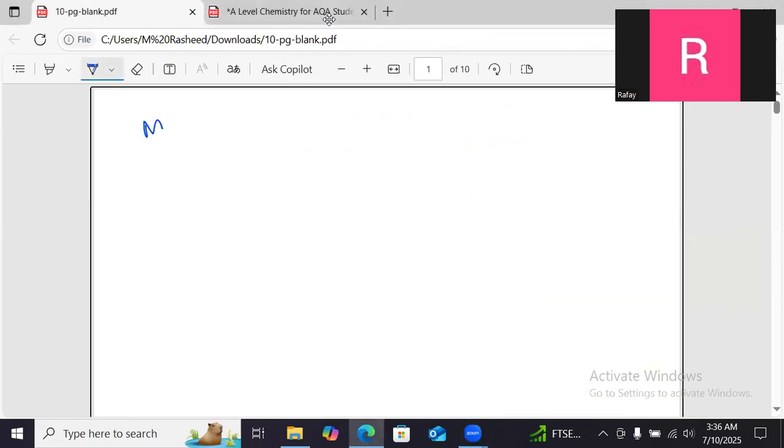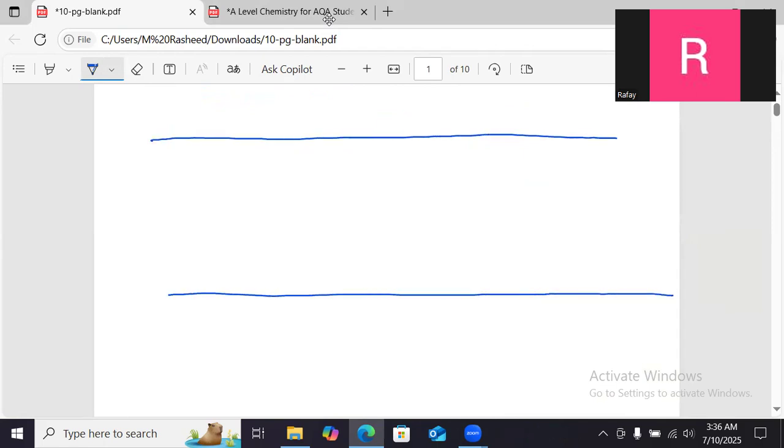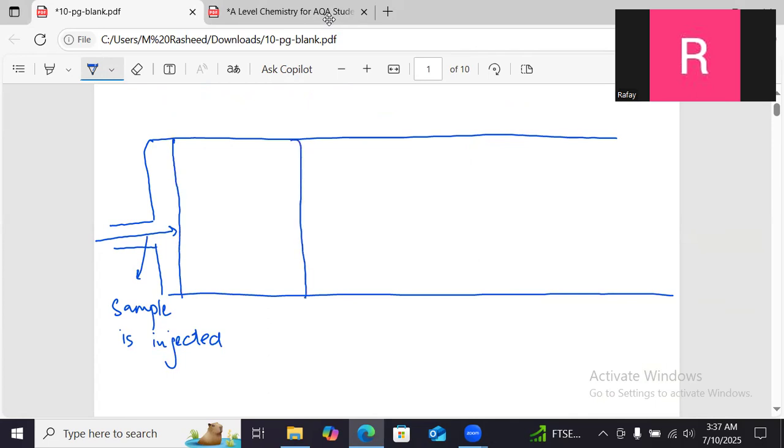Okay, basically, let's say this is mass spectrometer instrument. It has different parts. So this is a sample compartment from where sample is injected. And the first chamber is called as ionization chamber.